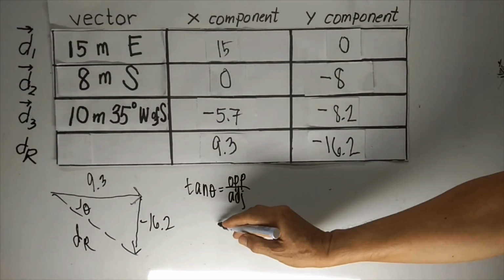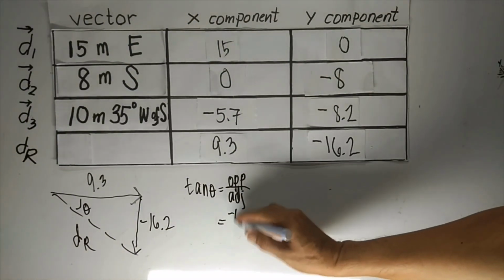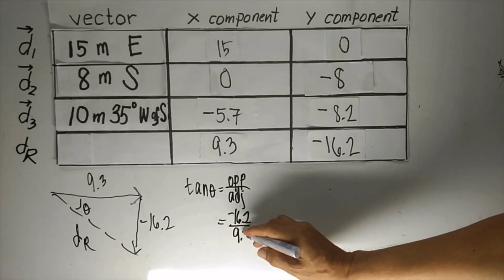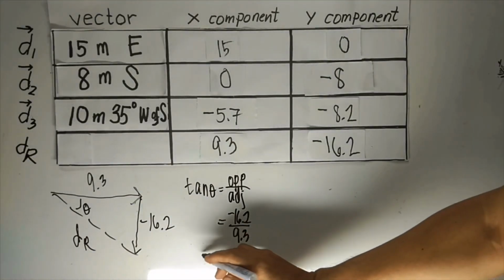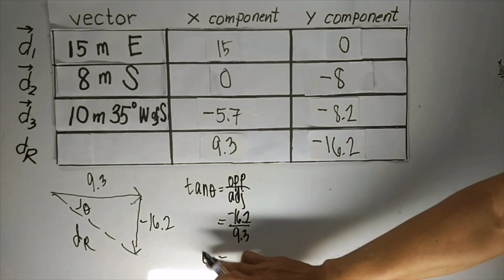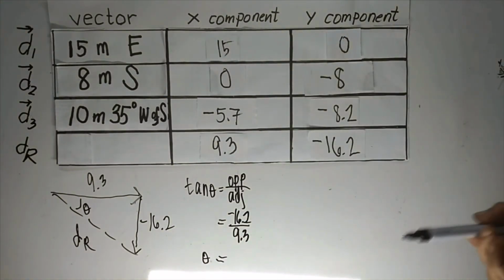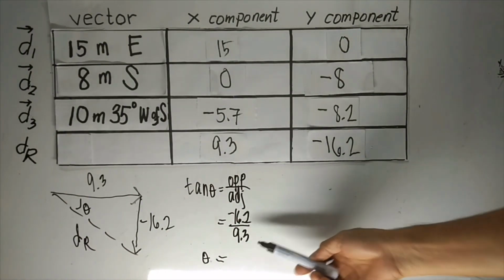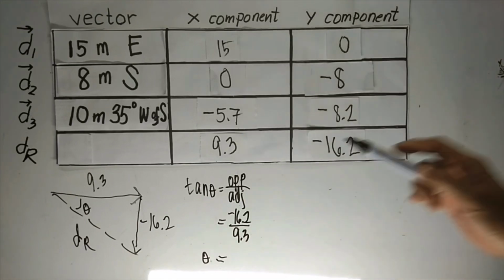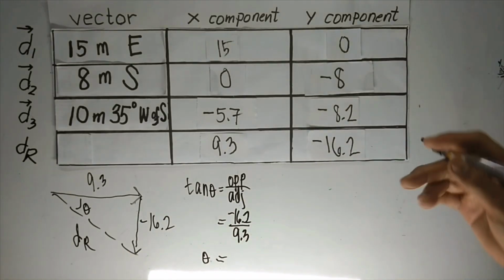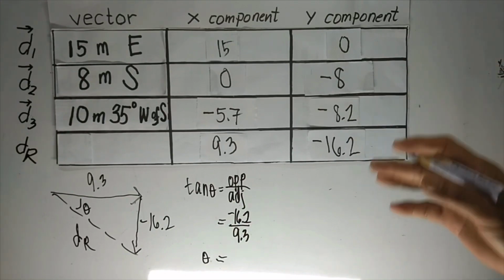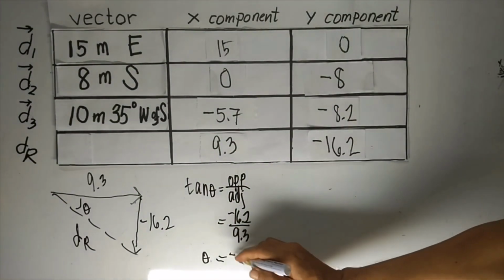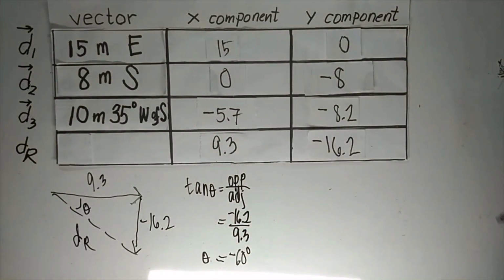So this will be equal to negative 16.2 divided by 9.3. Theta therefore will be equal to, with the help of your calculator, negative 16.2 divided by 9.3, and then you press the shift tangent or the second function tangent of your calculator, and you will get the value of negative 60 degrees.